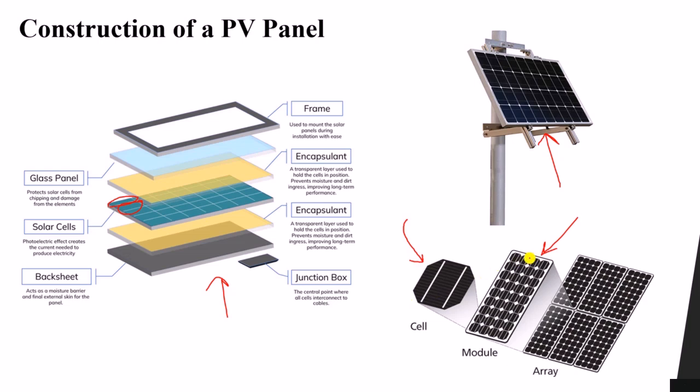Then each panel, or sometimes we call it a module, can be connected in series and parallel to form something called an array. Now, why do we connect PV panels in series and parallel? In order to increase the total voltage and total current. Don't worry, we will discuss this also in the next lesson.